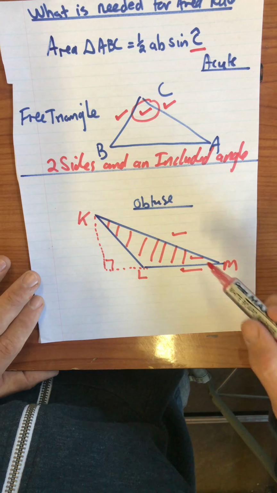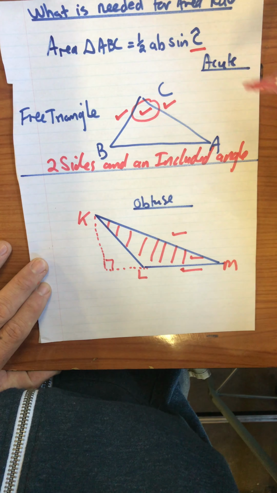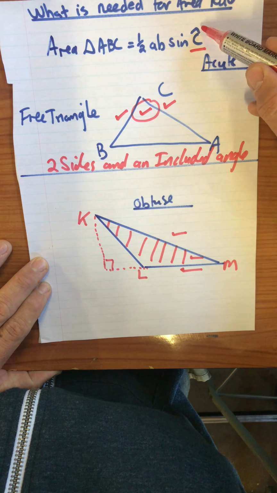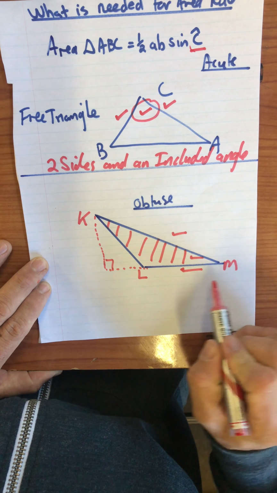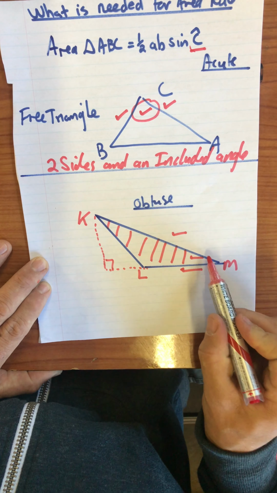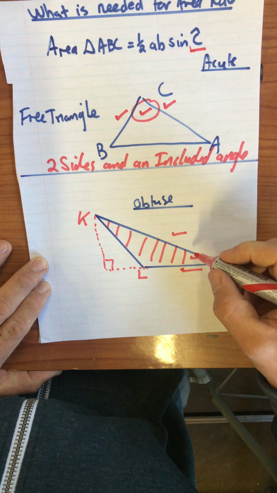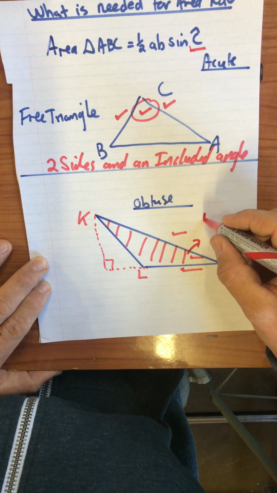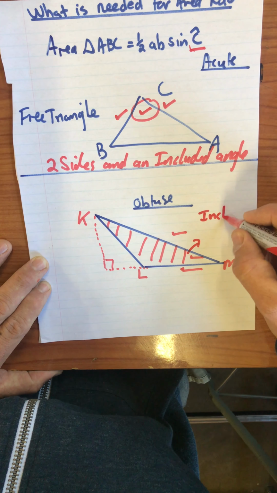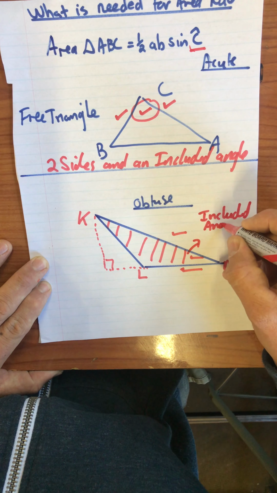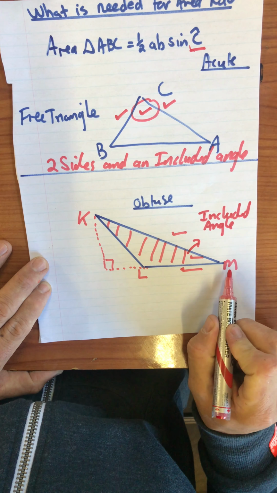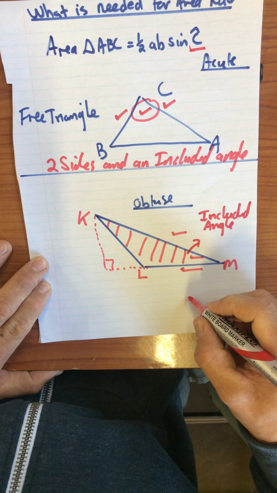So what's important to note here is that in the Cartesian plane, this was based at the origin, but in a free triangle, this over here was my included angle. So we have M in standard position.